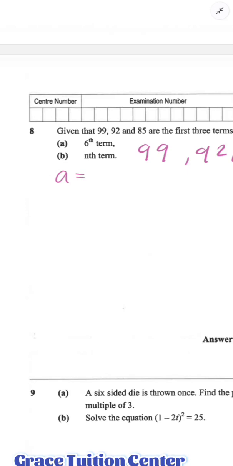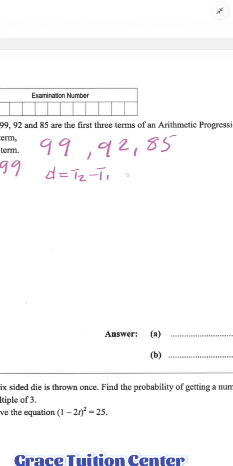So the first term of the sequence is usually represented by A. So clearly, you can see 99 is the first number there. So it's our first term. Then you need the common difference. The common difference is what you get when you subtract the second term minus the first term. So if you work your math there, you have actually 92 minus 99. This gives you negative 7.